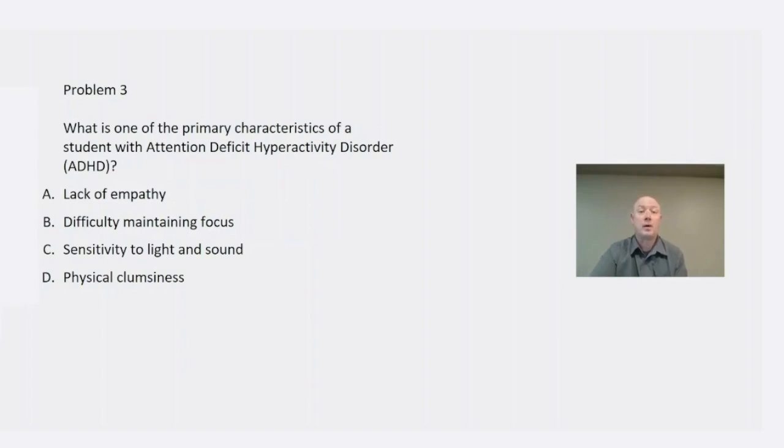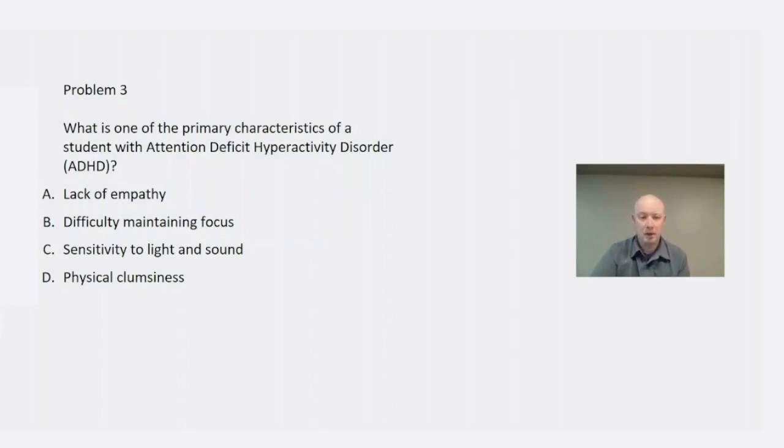Problem 3. What is one of the primary characteristics of a student with attention deficit hyperactivity disorder, ADHD? Is it A, lack of empathy, B, difficulty maintaining focus, C, sensitivity to light and sound, or D, physical clumsiness? So what is ADHD?